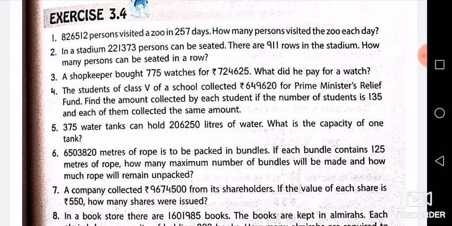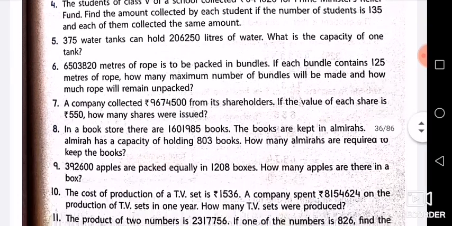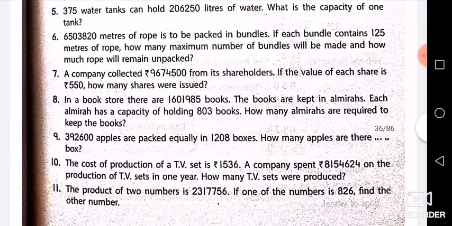Now question number 7: a company collected rupees 96 lakh 74,500 from its shareholders. If the value of each share is 550 rupees, how many shares were issued? Here the value of one share is given to you.